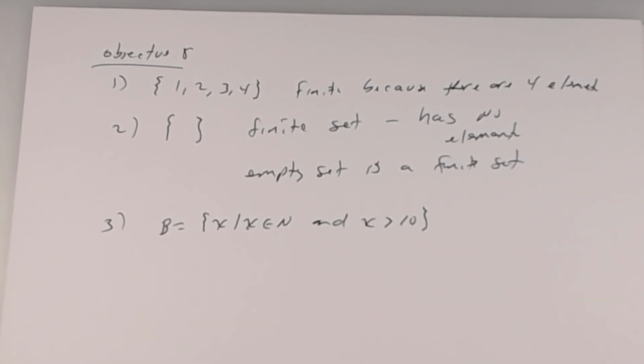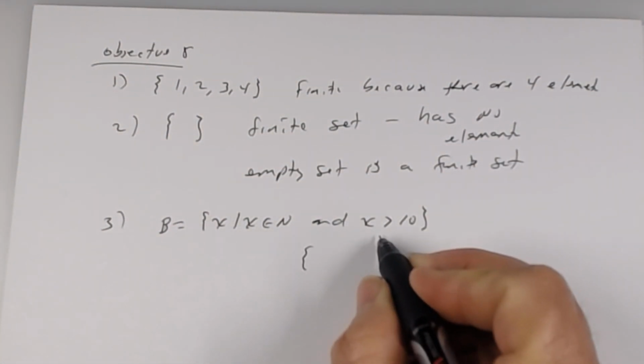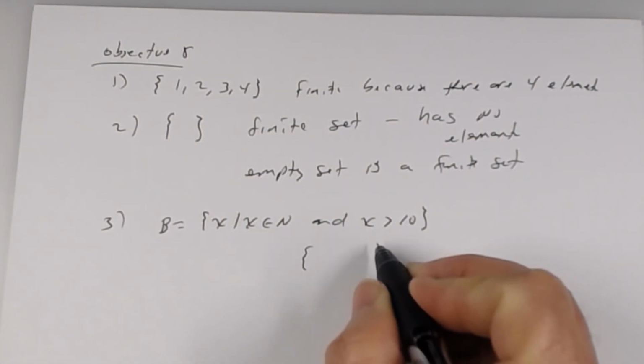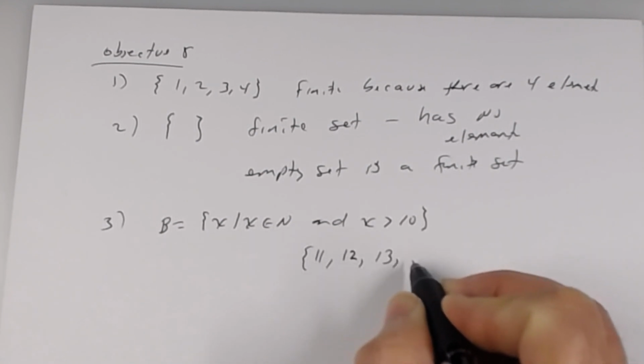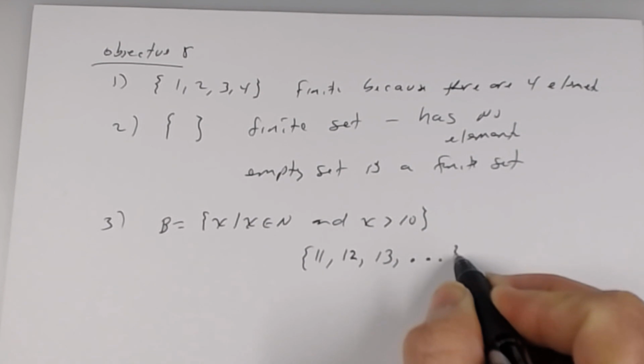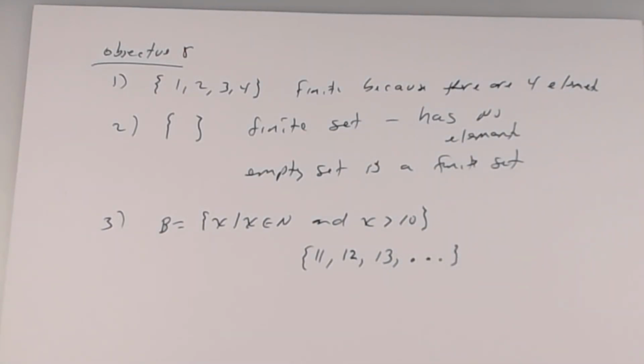Because if you look at it in terms of roster, what will be the smallest natural number that will be in here? 11. So 11 was the next one. 12, 13, and then the ellipsis, right? So that would indicate there's how many in there? An infinite number. So that's an infinite set.